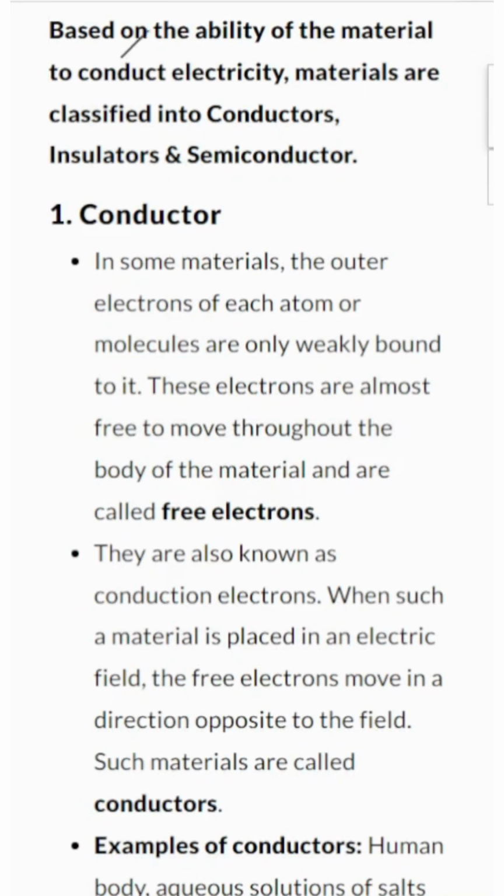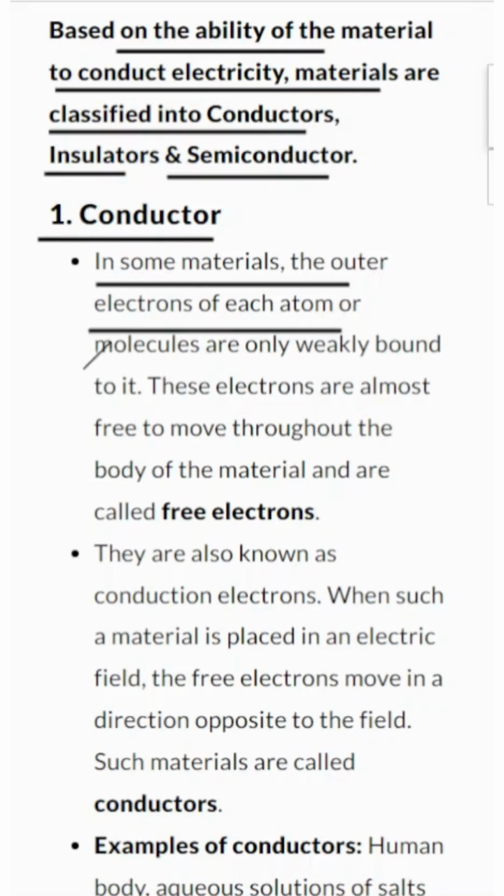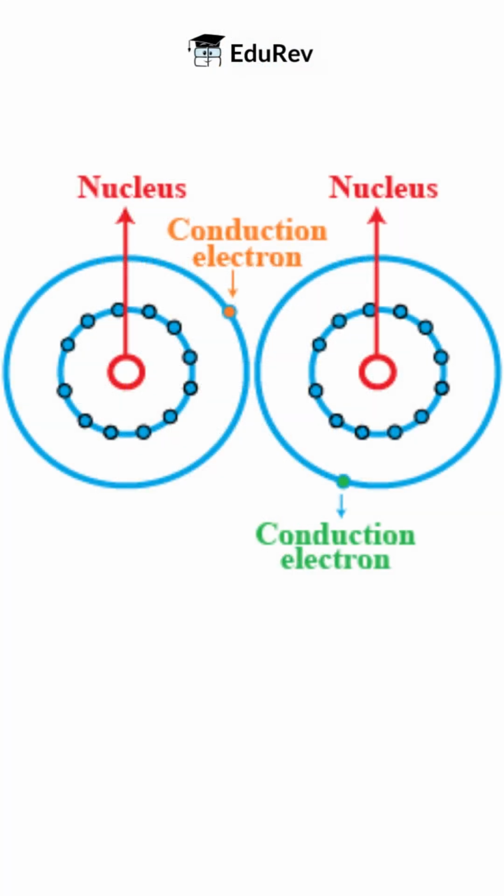Based on their ability to conduct electricity, materials are classified into three categories: conductors, insulators, and semiconductors. Let's kick things off by unraveling the mysteries of conductors. In certain materials, the outer electrons of each atom or molecule are like adventurous spirits, only weakly bound to their parent atoms.